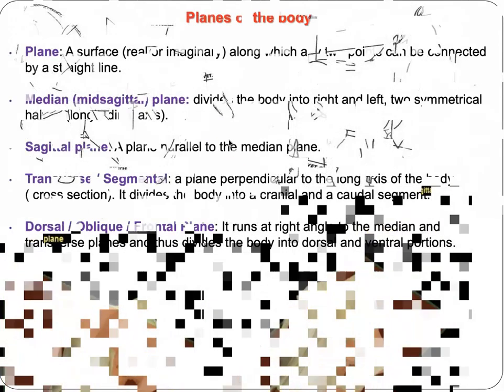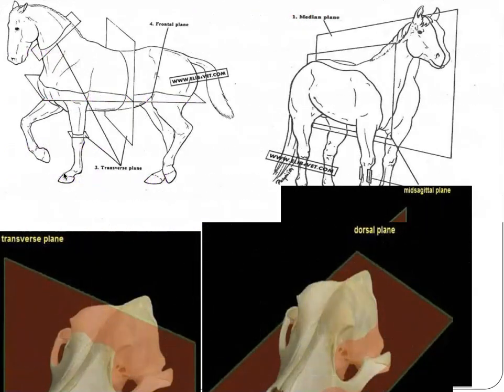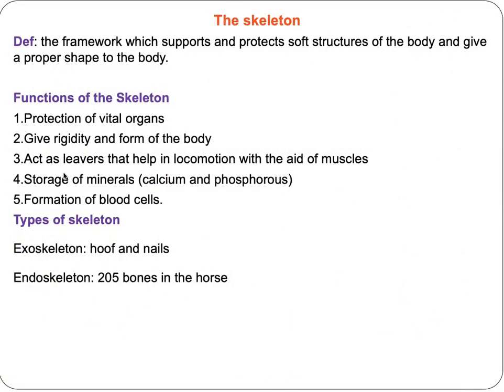The median or mesial plane divides the body into two equal halves, and any line parallel to the median plane is a sagittal plane. The transverse plane divides the structure into cranial and caudal segments, and the frontal plane divides the structure into dorsal and ventral portions.